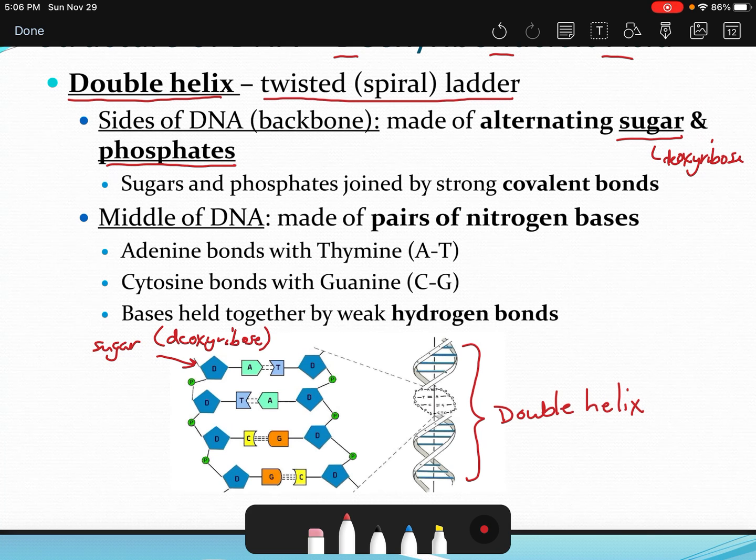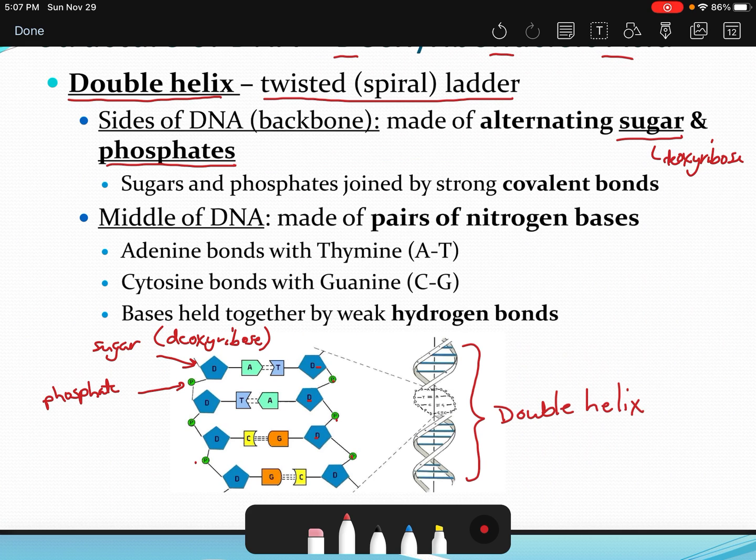And then in between it is that little P that stands for a phosphate group. So when we say that it's an alternating sugar phosphate, it means it goes sugar, phosphate, sugar, phosphate, sugar, phosphate, sugar, phosphate. And you see both sides are like that. Here's sugar, phosphate, sugar, phosphate, sugar, phosphate. And as it does that, it's twisted into this double helix.